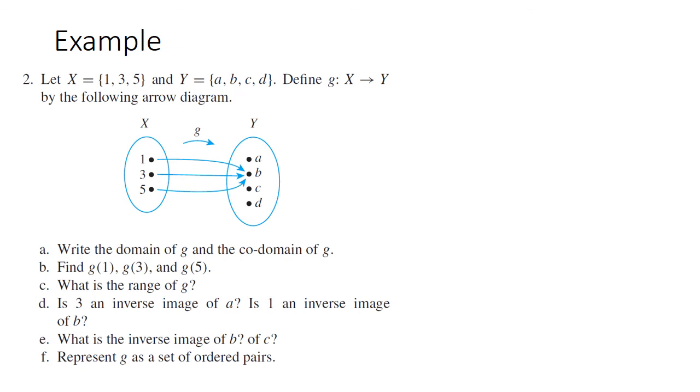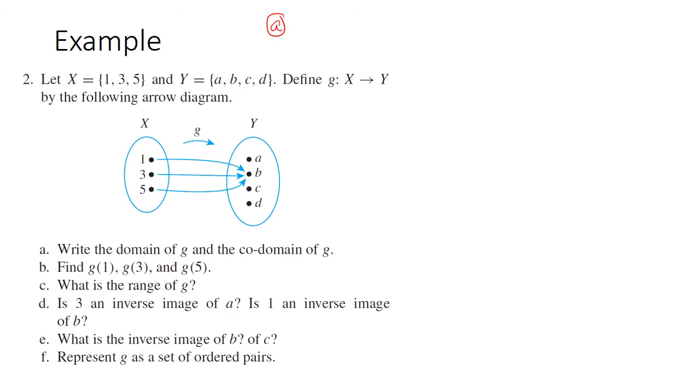Okay, let's look at this example. We have capital X is 1, 3, 5, and capital Y is A, B, C, D, and we have the function g from X to Y given by the arrow diagram. So let's get right into this. Part A, write the domain of g and the codomain of g.